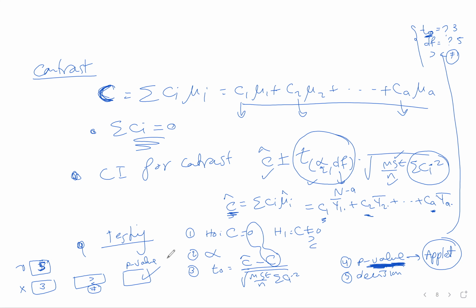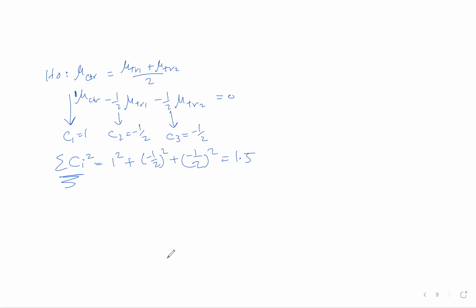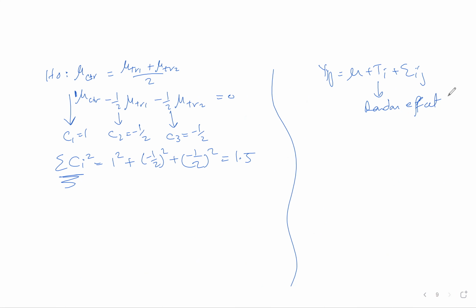Okay. This one is under the fixed effect. What if the effect is random, like Yij equals mu plus tau i plus epsilon ij, and I assume this one is random effect. In this case, I'm not interested in tau 1 equals tau 2 equals tau 3, or mu 1 equals mu 2 equals mu 3.